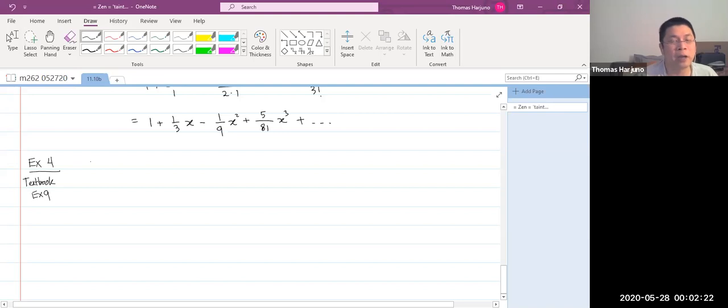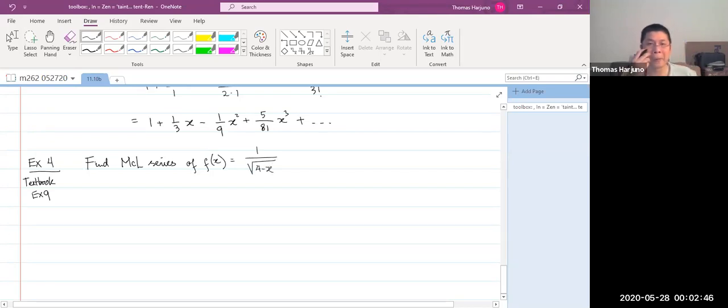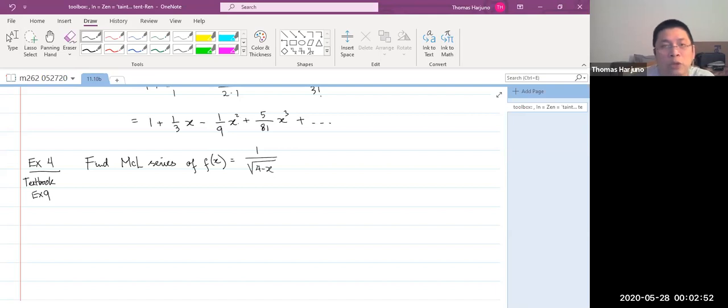So find the Maclaurin series, which is the binomial expansion of f(x) equals 1 over square root of 4 minus x. Now, I don't think you want to do derivatives. You can, but I don't think that's what you want to do.